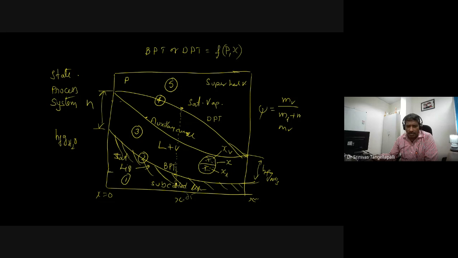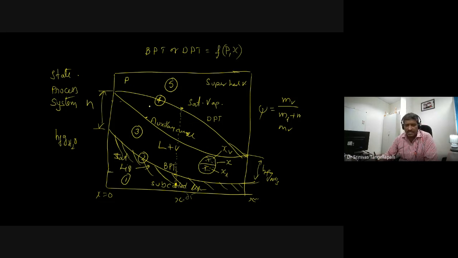That point is the given state, and from the graph you can say the state is subcooled liquid. If the given temperature is equal to the bubble point temperature, easily you can identify that it is a saturated liquid, or if it is the dew point temperature, that is a saturated vapor. In case it is more than the dew point temperature, you can identify that as a superheated vapor.